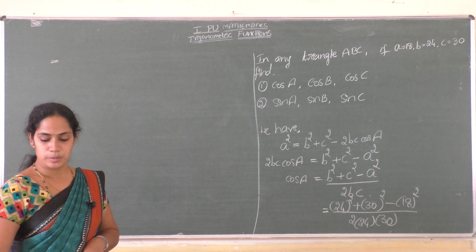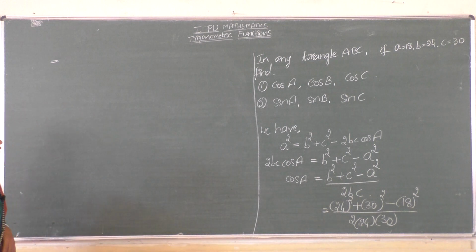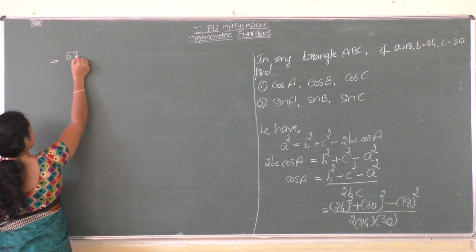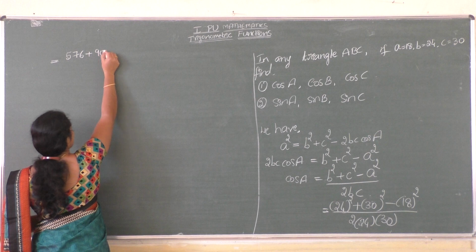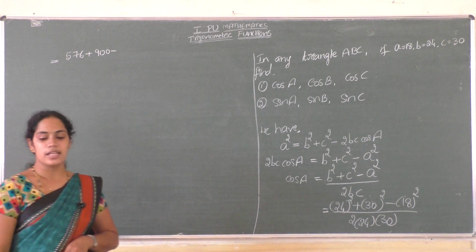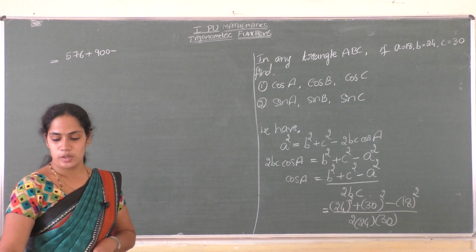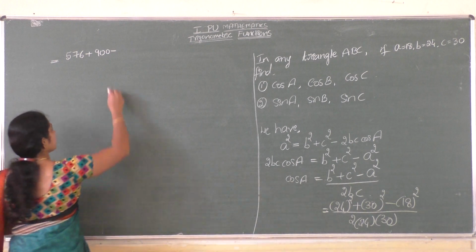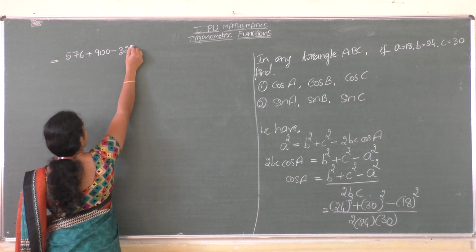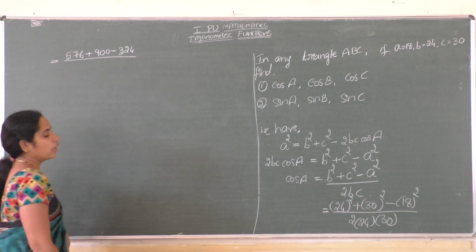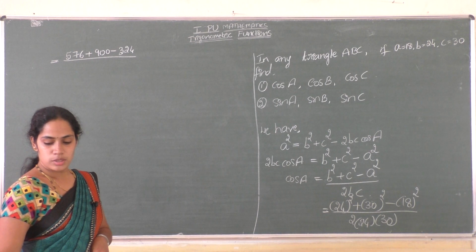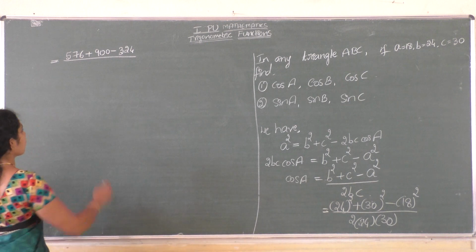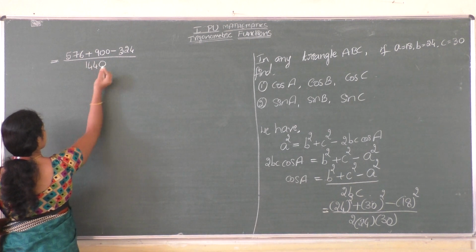Simple calculator can be used. 24 square is 576 plus 30 square 900 minus 18 square. What is the value? 18 square is 324, divided by 2 into 24 into 30, that is 1440.